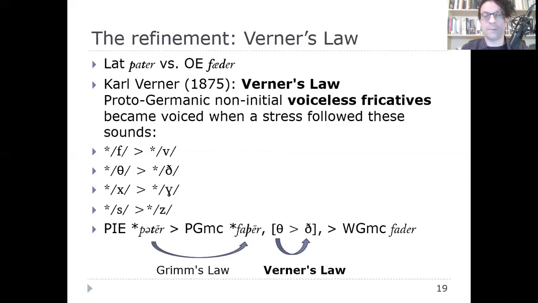That's Werner's law, which gives us father, right? By the way, then the stress shift occurs. And in West Germanic, then only in West Germanic, the th sound then changes to a d sound. So there's another thing that comes on top of that, which then gives us the d sound that we find in West Germanic generally.